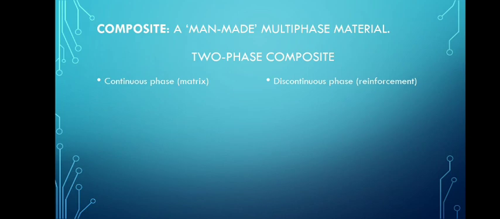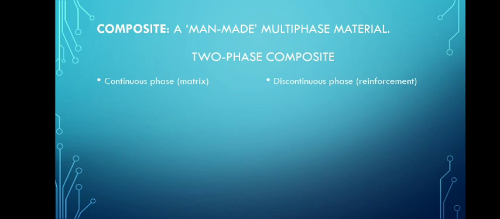We have met multi-phase materials previously, like steel, in which ferrite and cementite are present, but we will not consider those, because ferrite and cementite both form during natural cooling of steel from the austenite phase. By man-made we mean that the two phases were individually existing and then put together to form this composite material out of two phases.